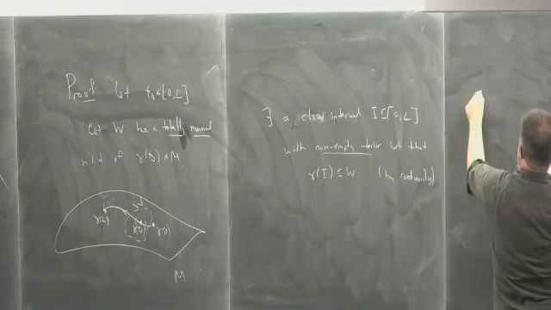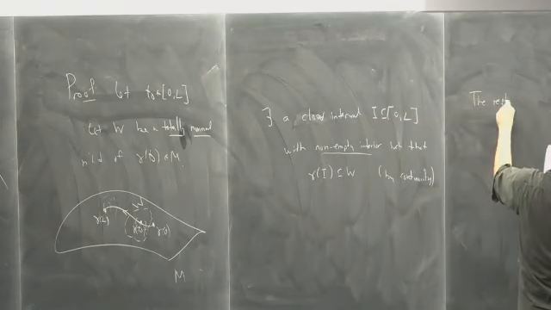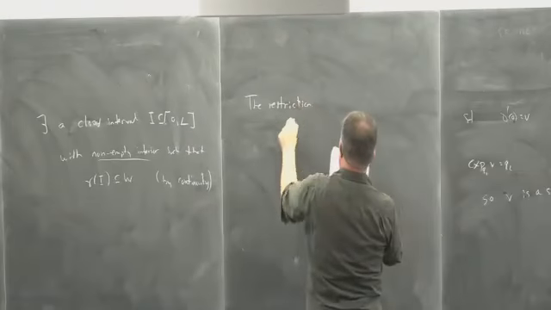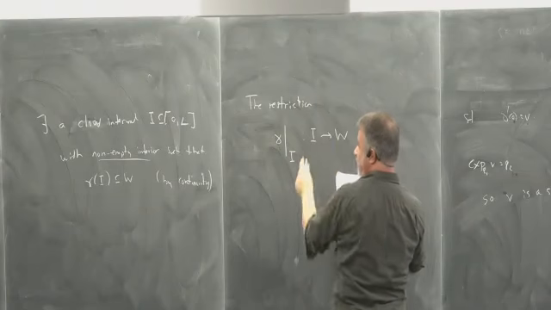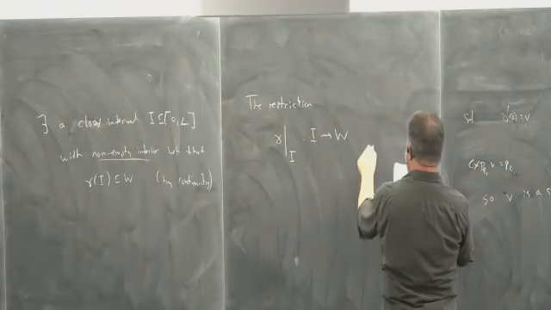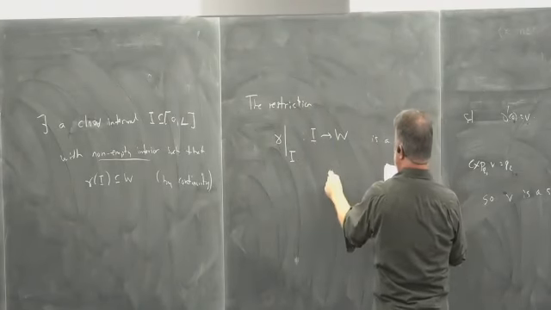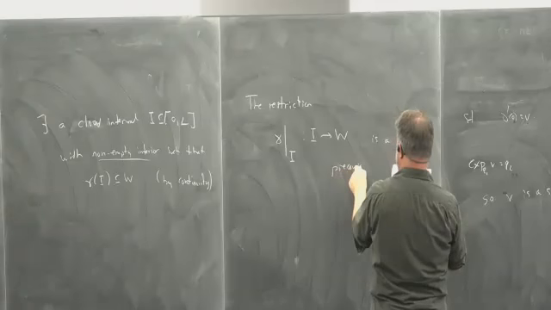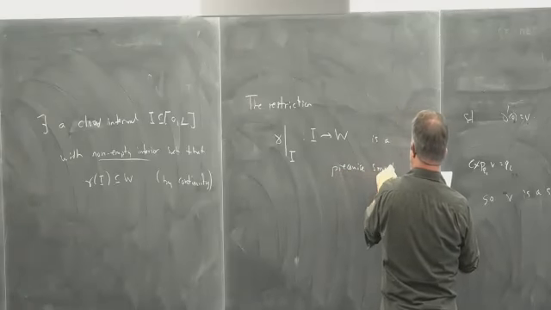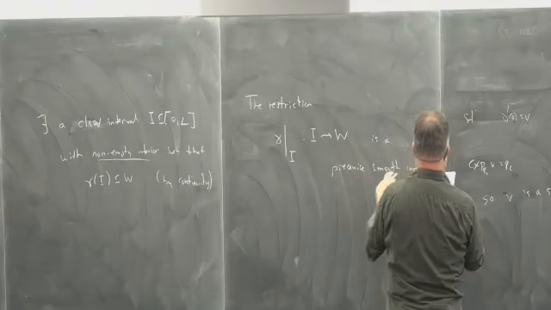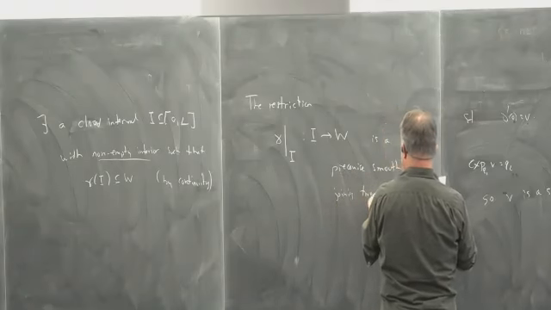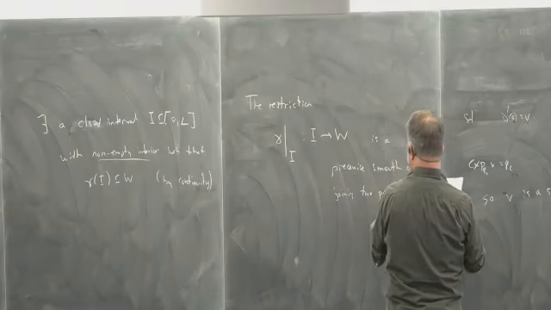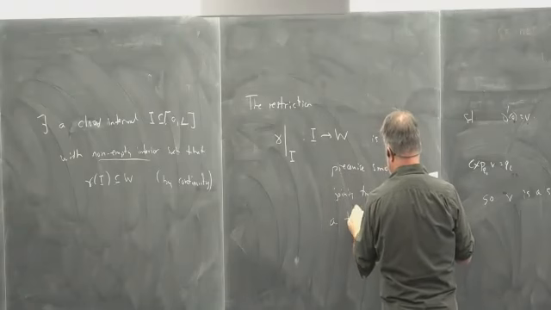Now let's look at the restriction. Gamma restricted to I maps into W. That's how we chose I. And this is a piecewise smooth curve, since the restriction of a piecewise smooth curve is piecewise smooth, joining two points in a totally normal neighborhood.